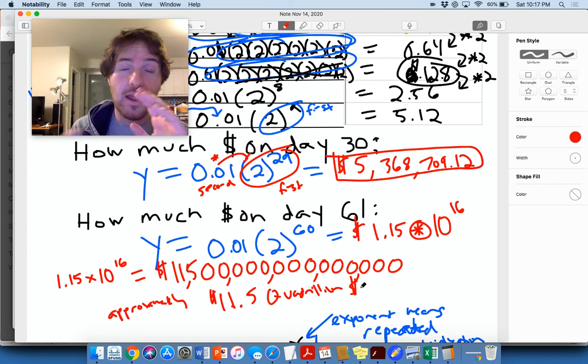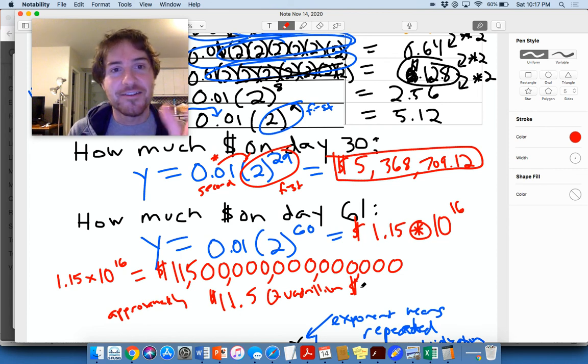Apple plus Google plus Facebook plus McDonald's plus Nike plus Starbucks, add them all up together and what somebody's willing to pay for them. That's $95 trillion. 11.5 quadrillion is several times bigger than that.